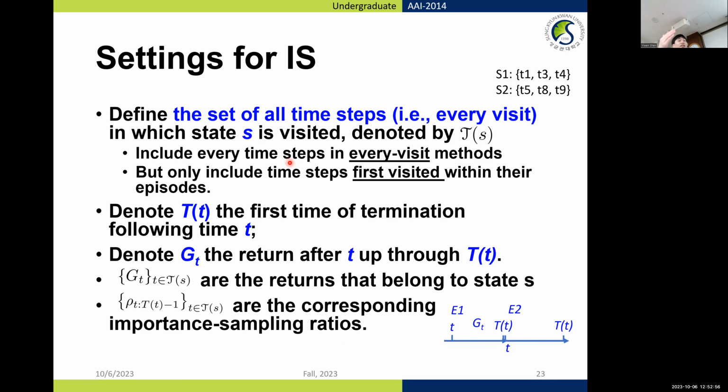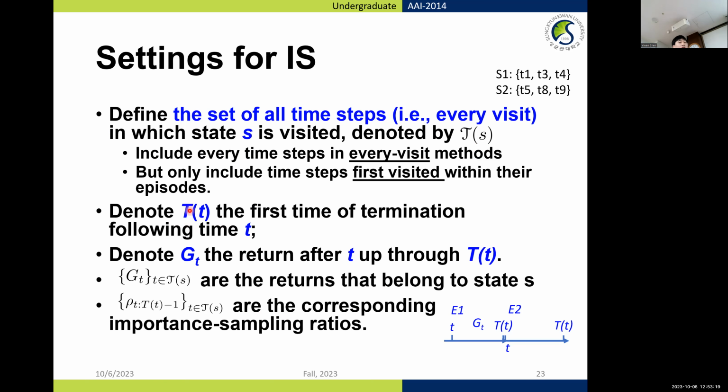In this setting, we have two kinds of methods. One is the every visit method, and another one is the first visit method. We have seen this before, right? Now we just consider the every visit. We also denote capital T, which means the termination, the terminal state.